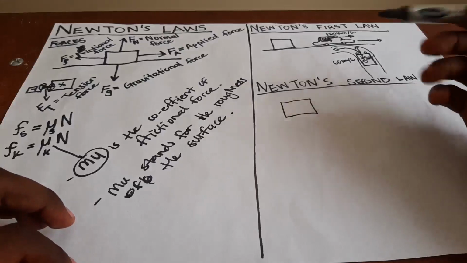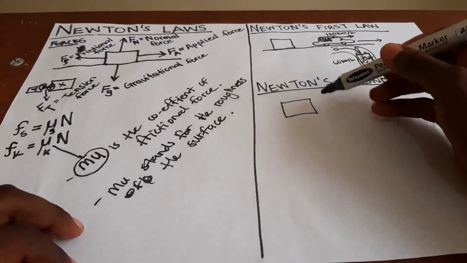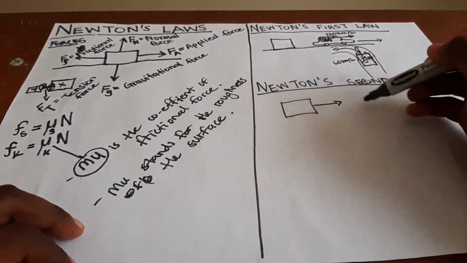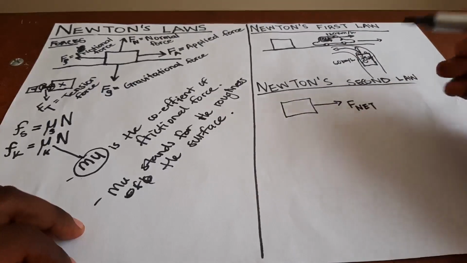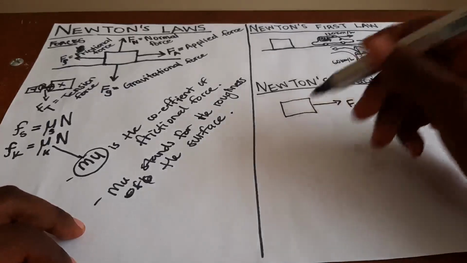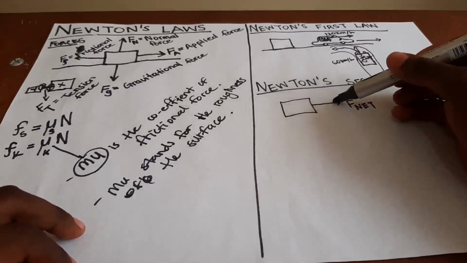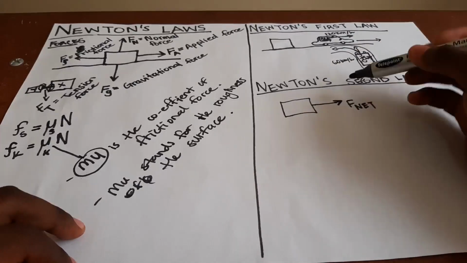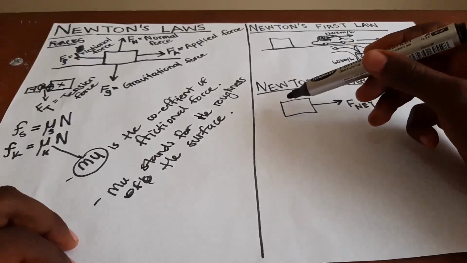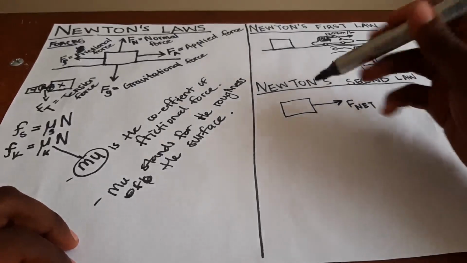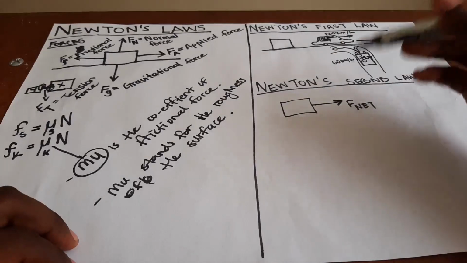This basically means that, let's say this is our net force, pointing this way, meaning the object is being pushed or pulled to the right-hand side, as you can see from the arrow.